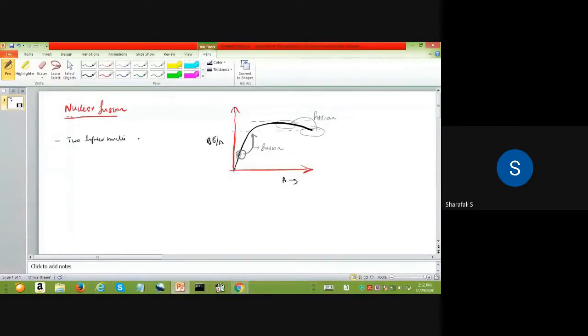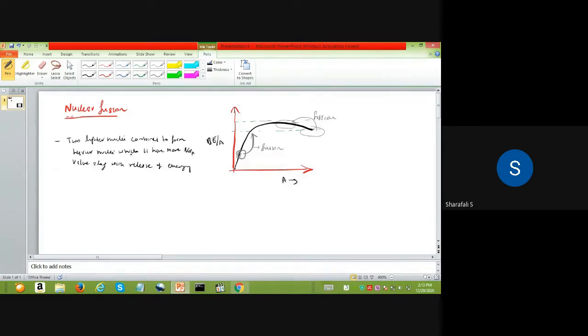Normally, it is very light nuclei which participate in fusion reactions. So these lighter nuclei combine to form a heavier nucleus, which has a higher binding energy per nucleon value, along with release of energy.